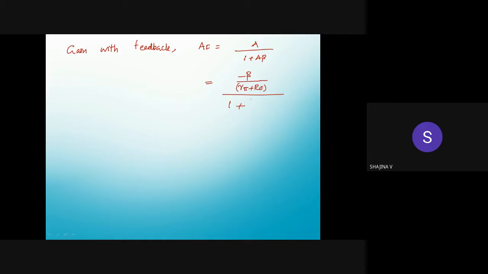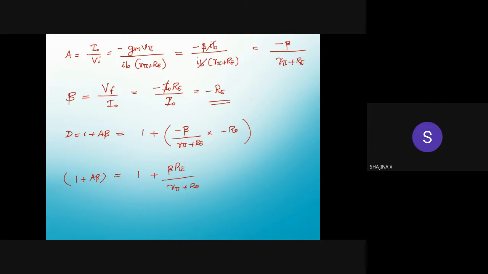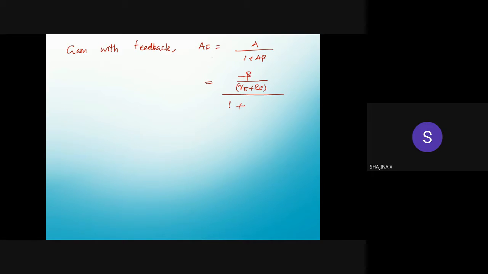So divided by 1 plus A beta is equal to 1 plus beta RE divided by R pi plus RE. So divided by 1 plus beta RE divided by R pi plus RE. Now you can simplify this. That is here minus beta divided by R pi plus RE.